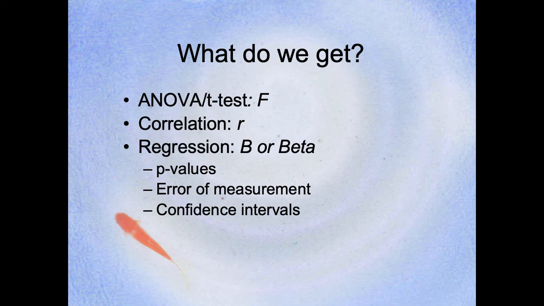Confidence intervals will say that you have a 95% chance that your correlation, let's say, is between 0.25 and 0.35. So it's saying, 95% chance it's between 0.25 and 0.35, but we don't know exactly what it is. So a little bit more leeway there and a little bit more honesty in the reporting.